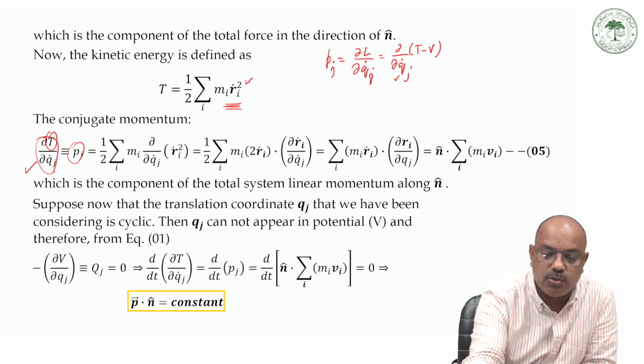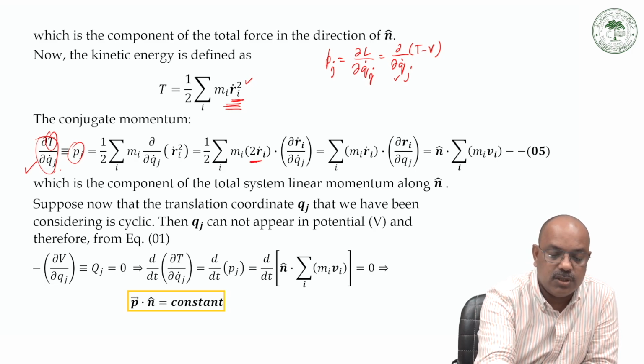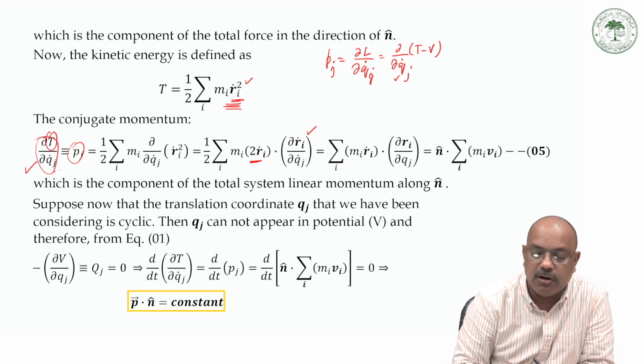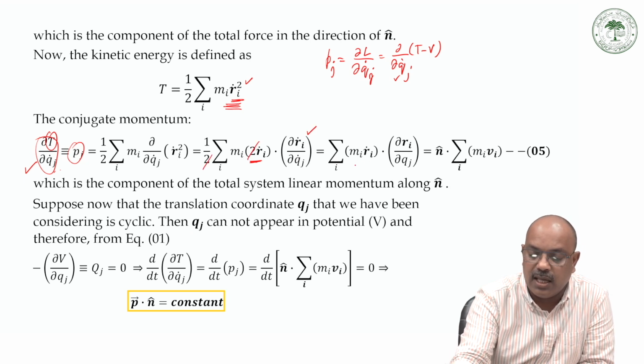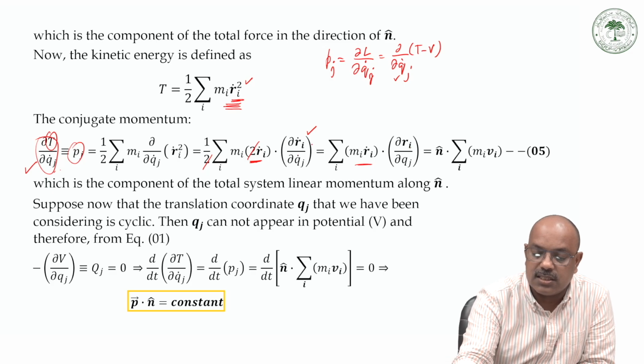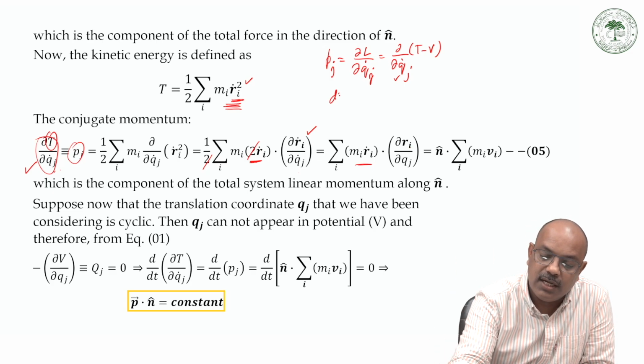T is half m v squared, so if I differentiate with respect to q dot j, this becomes twice r_i dot, with r_i dot with respect to q dot j, and the 2 gets cancelled out. I have m r_i dot, and this is delta r_i by delta q_j. If you remember, we have already set the equation that delta r_i upon delta q is equal to delta r dot upon delta q dot.